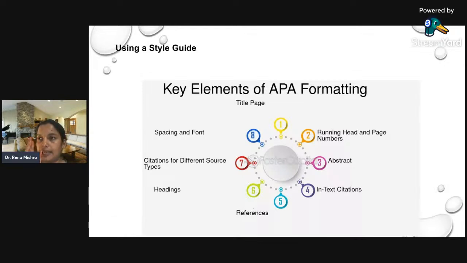Keep these elements as a checklist, tick, tick, tick, and sort it. So you need to pay attention to the guidelines which are given to you as an author.